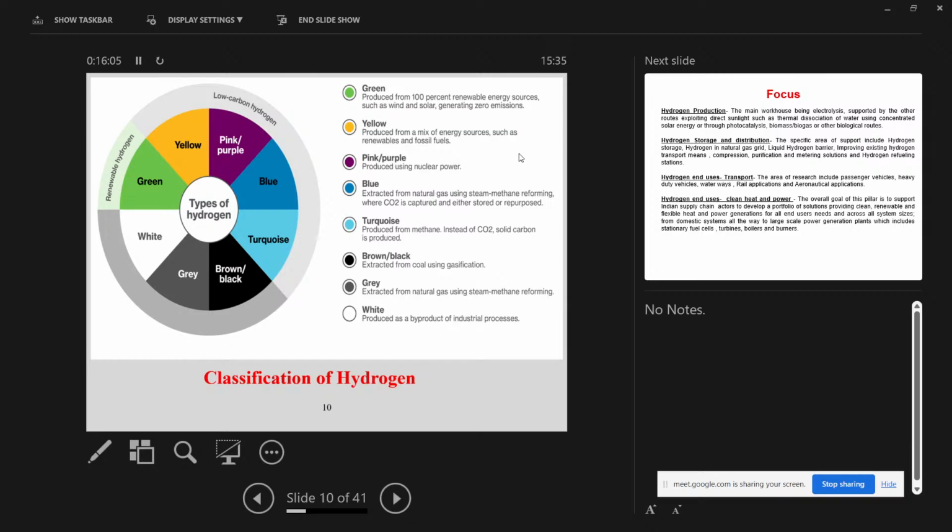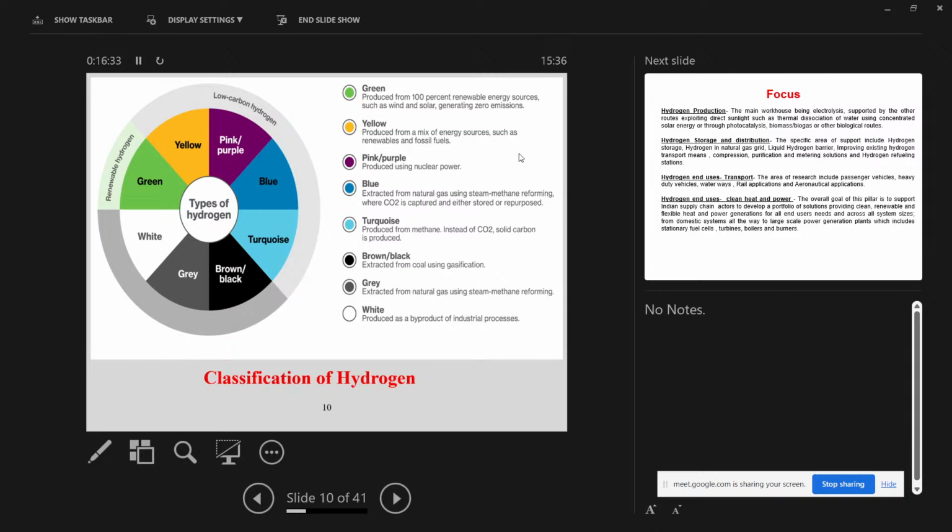When it is coming from industries or the synthesis process, apart from the renewable energy process, then it's called the brown or the black process. For example, if we extract from coal through the gasification reaction, if you are gassing out the synthesis, this hydrogen is called the brown or the black hydrogen.